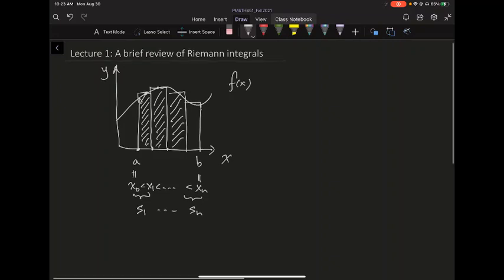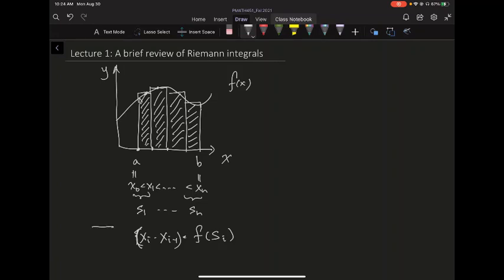So the area of each of these rectangles is given by the function evaluated at the sample point si. And then you multiply the width of this rectangle, which is xi minus xi minus 1. And that gives you the area of the ith rectangular region.